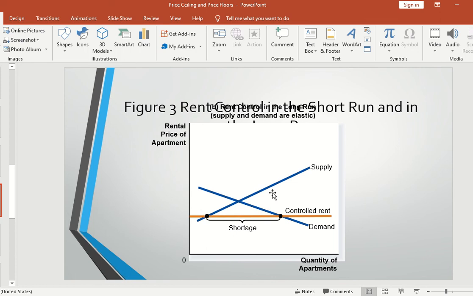Also, there are real estate developers who no longer want to build apartments for rent. They don't want to build apartments for the average people or the poor people who are qualified for rent control. So they may just build apartments in rich areas, where affluent people live who are not eligible for rent control.